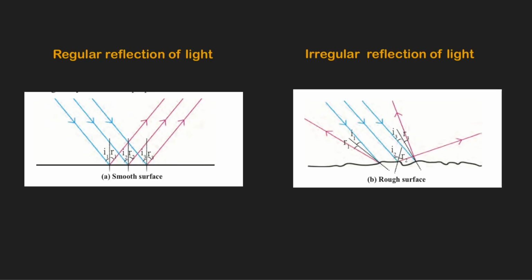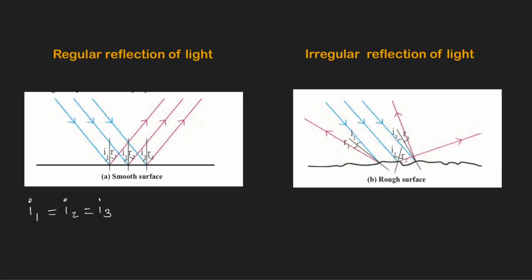Here in regular reflection, the incident rays are parallel to each other, meaning their angles of incidence i1 is equal to i2 is equal to i3.